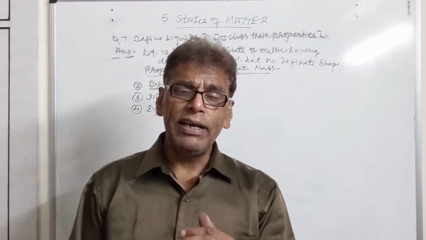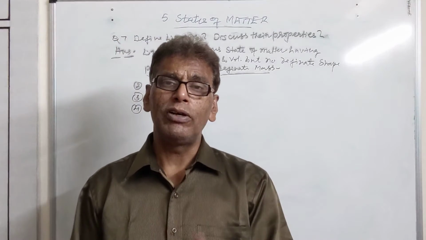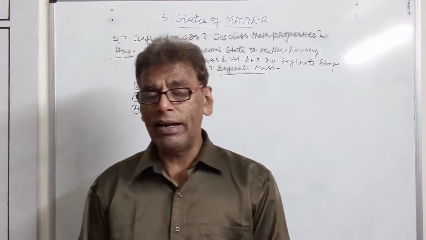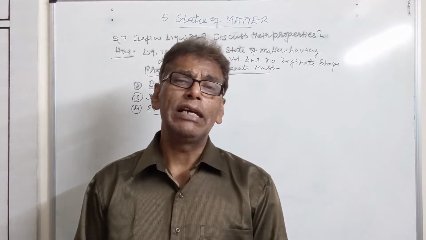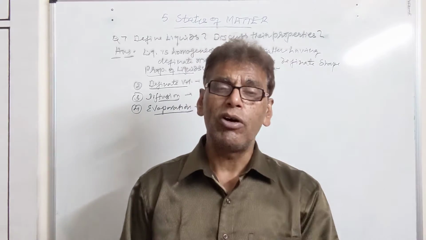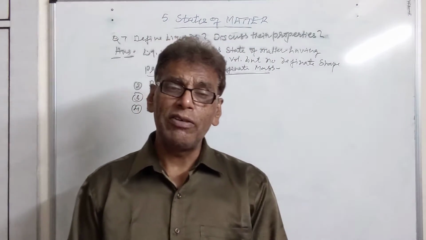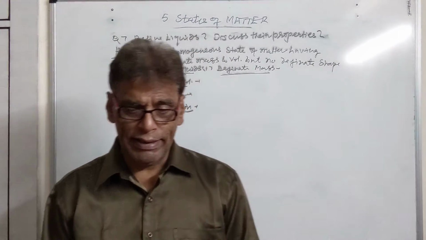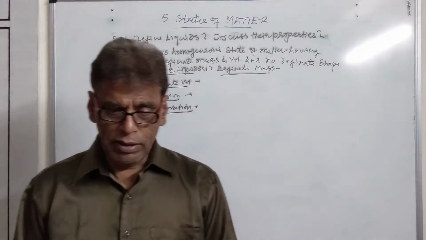Since the kinetic energy of the surface molecules is more than that of the molecules present in the interior of the liquid, when their kinetic energy becomes high, they start moving out of the liquid in the form of vapor. This is called evaporation. And what is the result of evaporation? Evaporation always causes cooling. Whenever a liquid is evaporated, it is accompanied by the cooling process.